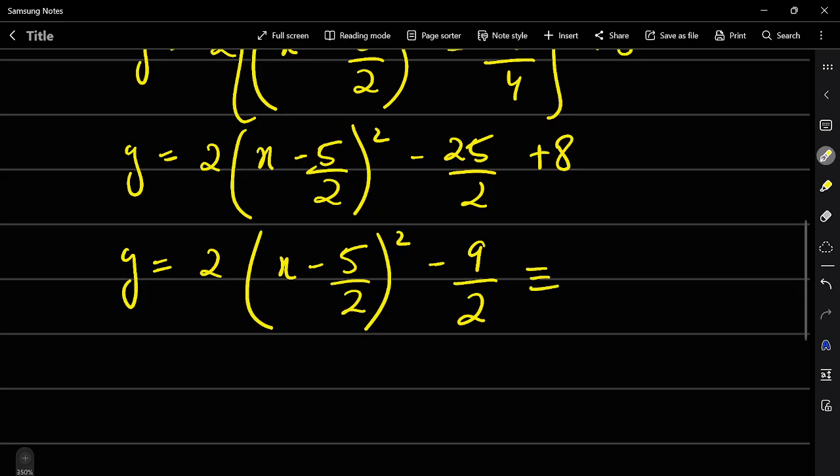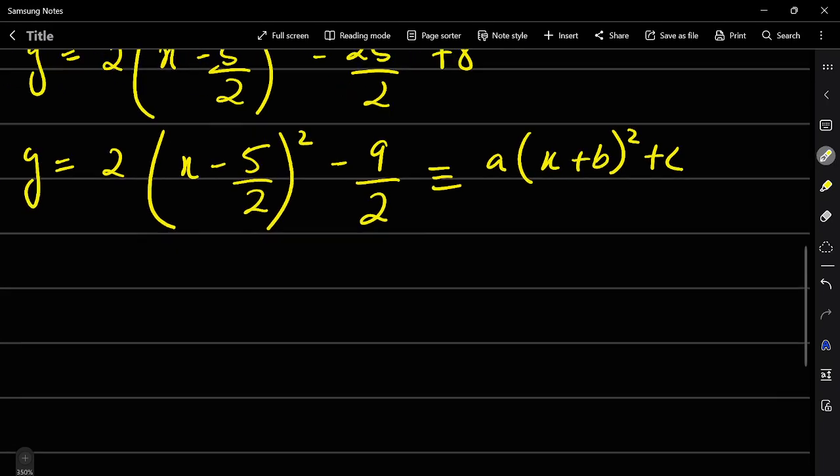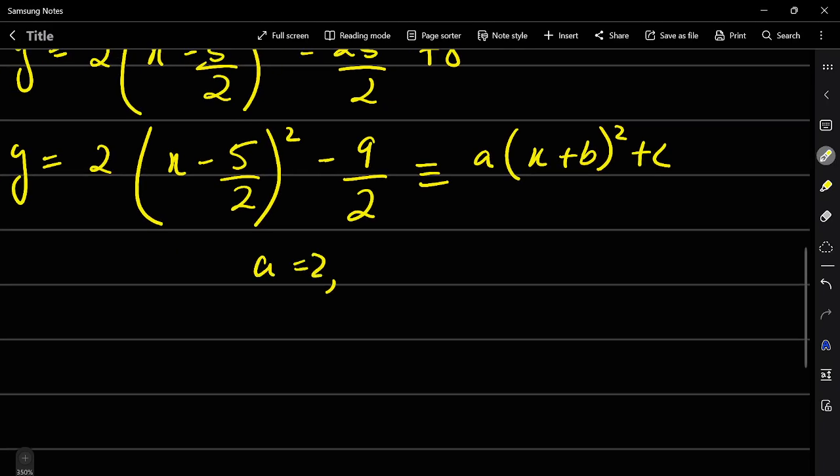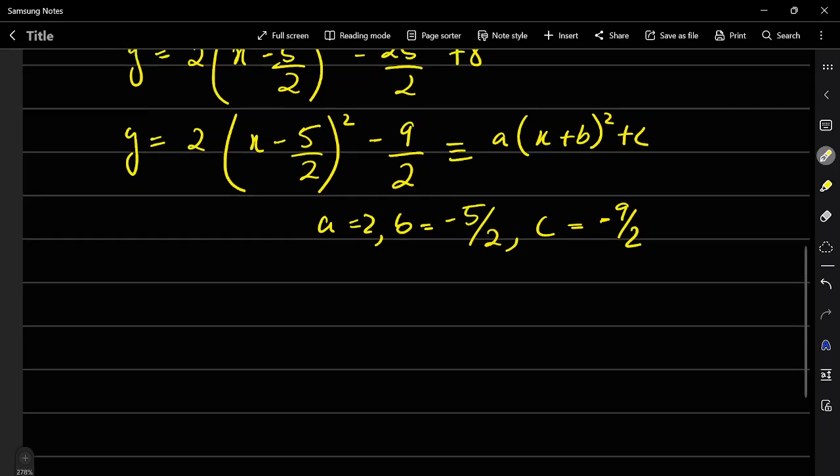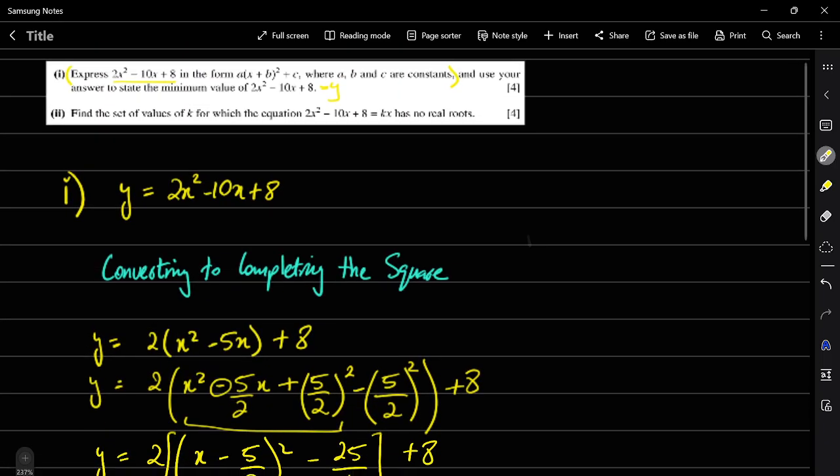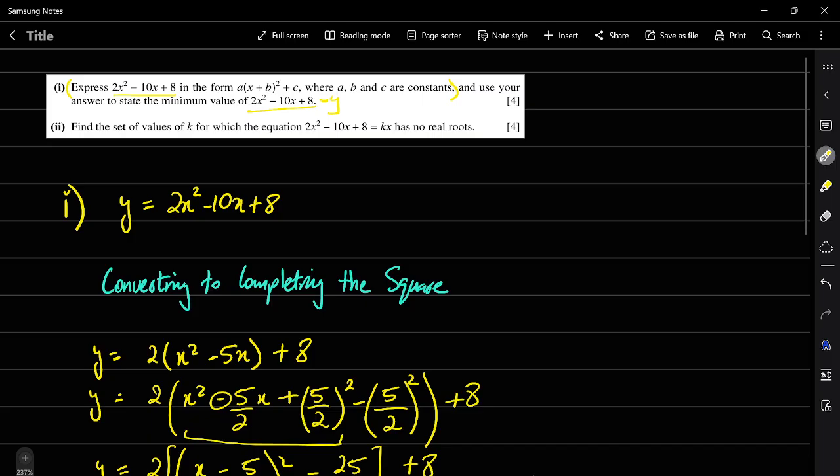So if we compare this with the equation that the question gave us, we can see that a equals 2, b equals minus 5.2, and c equals minus 9.2. Now here they asked us the minimum value of this, meaning the minimum value of y.